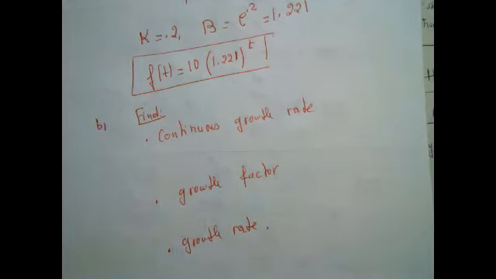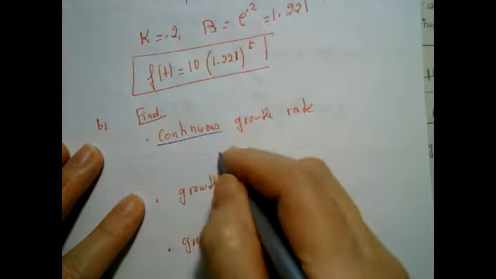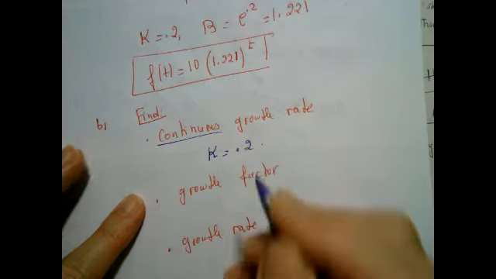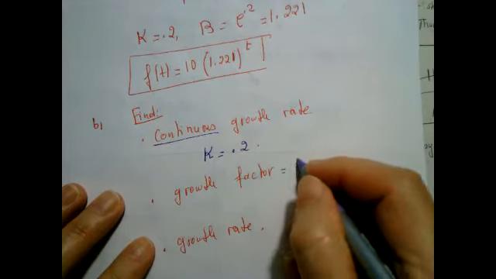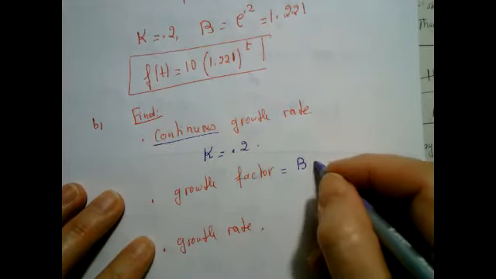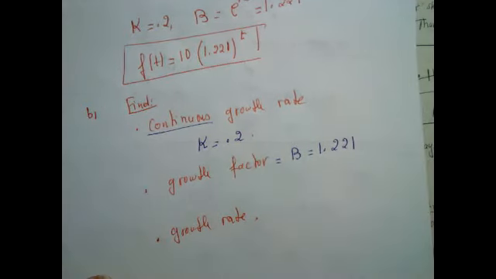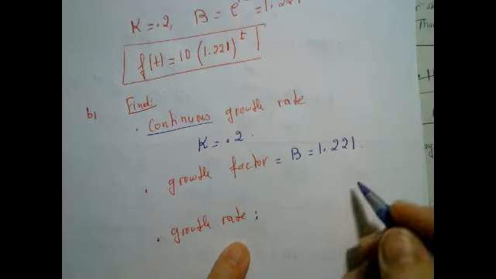Okay, let's see what the terminology tells me. Continuous growth rate, it means the k. That's the continuous one, which is the 0.2. The growth factor, it's the b, which is 1.221. That's the growth factor. The growth rate is the one that you're still having difficulties with.